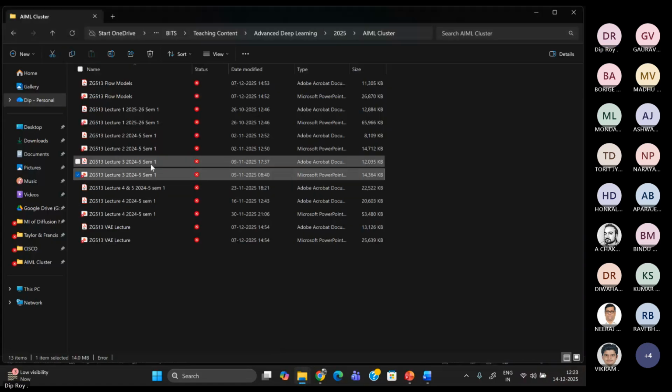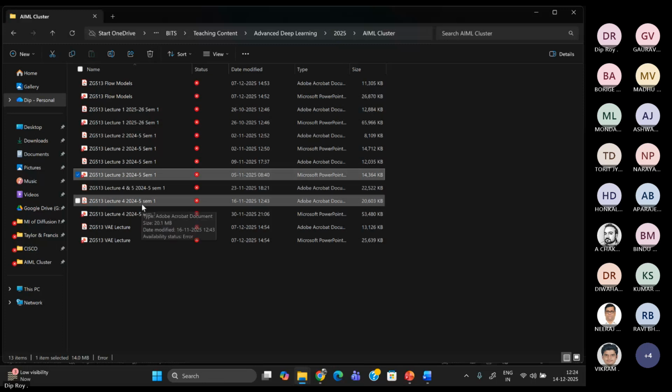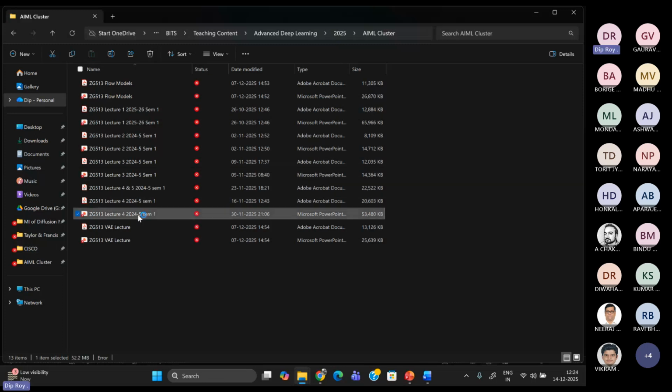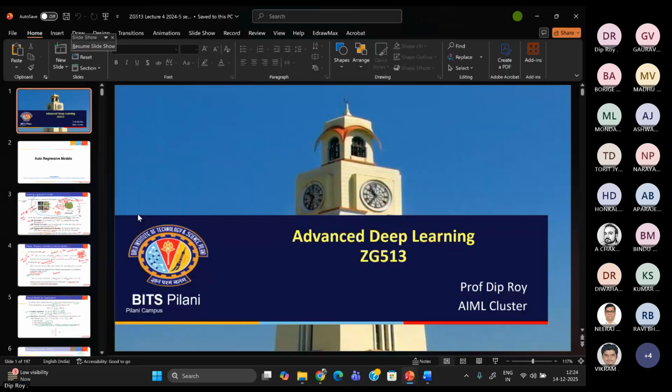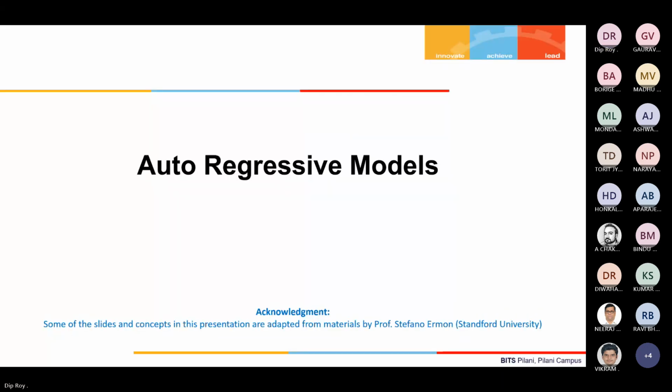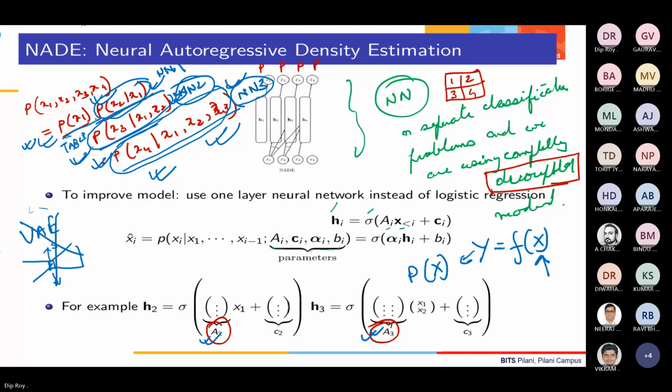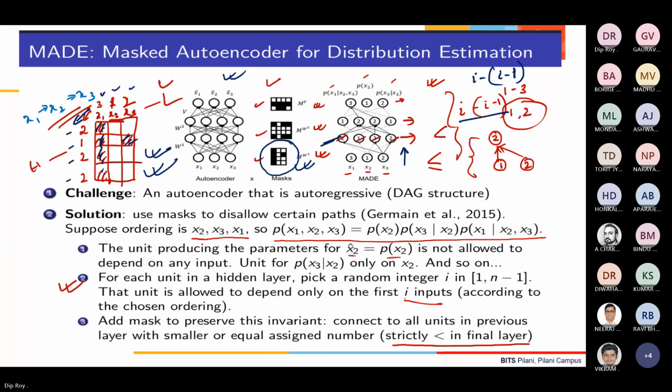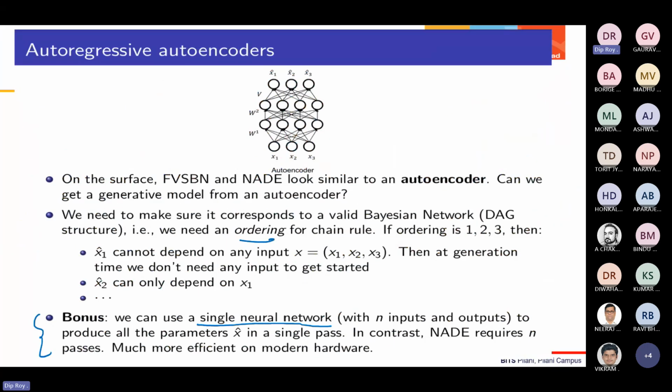Autoregressive model. Yes. We said that these are autoregressive autoencoders.